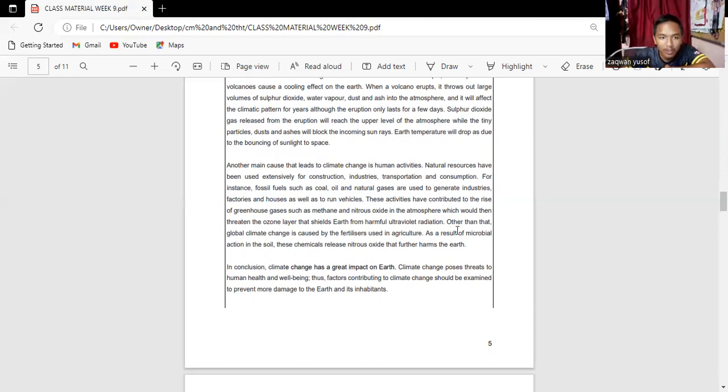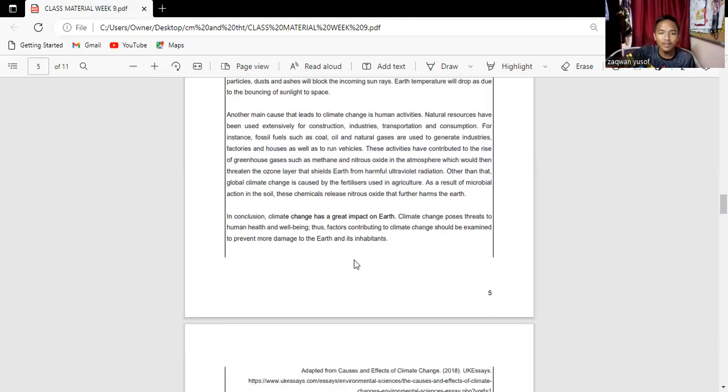Other than that, global climate change is caused by the fertilizer used in agriculture. As a result of the microbial action in the soil, the chemical releases nitrous oxide that further harms the world.